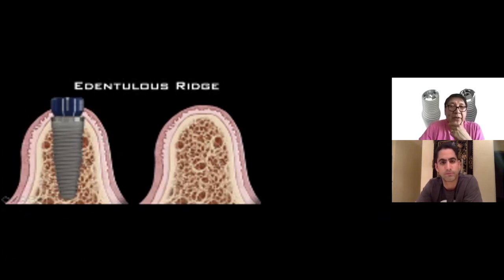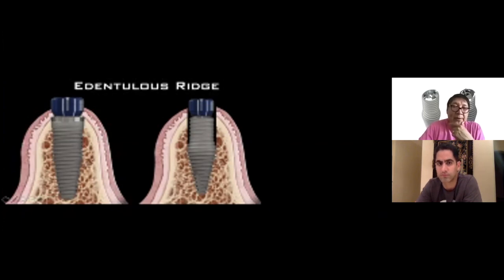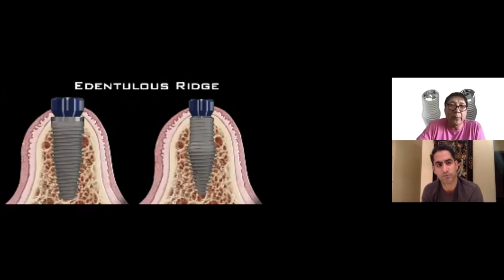So the original thinking was, why not drill this amount, but leave this gap and let it fill in by osteoinduction in situ, meaning it would just fill in on its own. But what we realized is, why would we want to remove more bone? We're removing more bone at the coronal if we're using a conventional tapered implant anyhow.